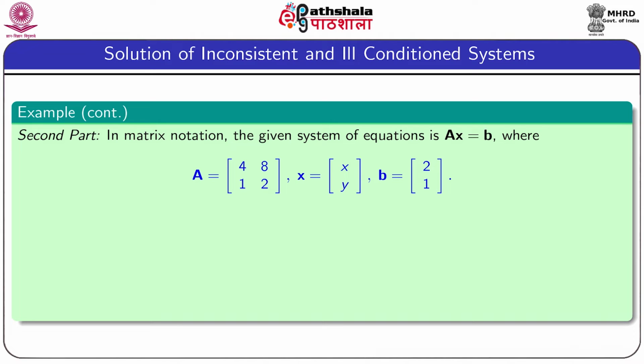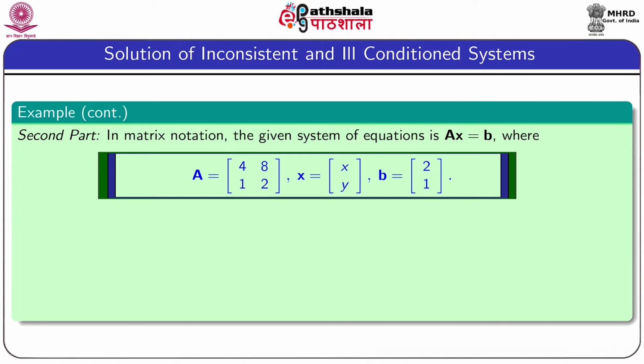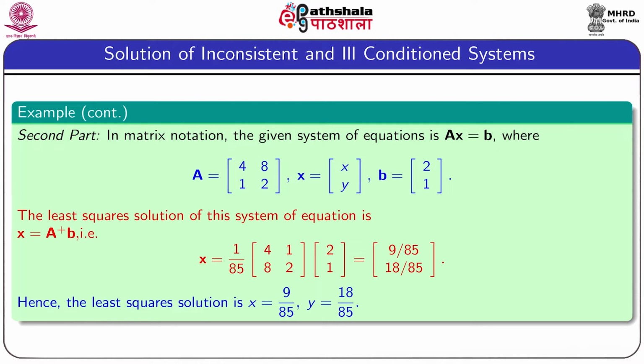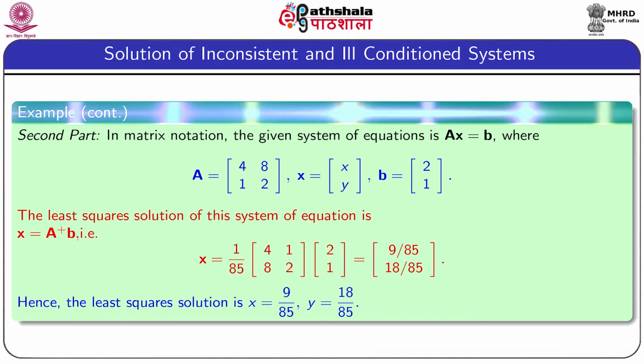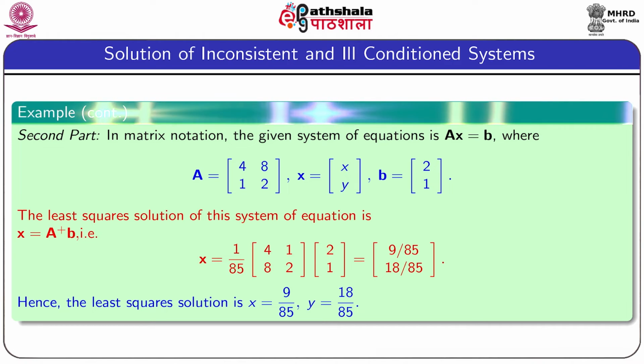In this system of equations Ax equal to b, the coefficient matrix A equal to 4, 8, 1, 2, the unknown vector x equal to (x, y) and right hand vector b equal to (2, 1). The solution of this system of equations, obviously the least square solution, is x equal to A plus b, that is x equal to 1 by 85 times the matrix 4, 1, 8, 2 into the column vector 2, 1.